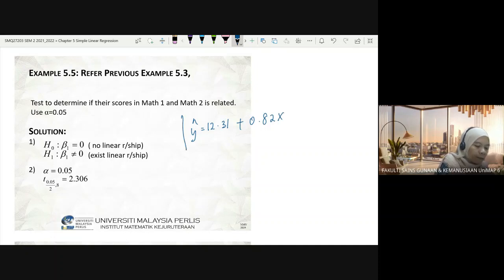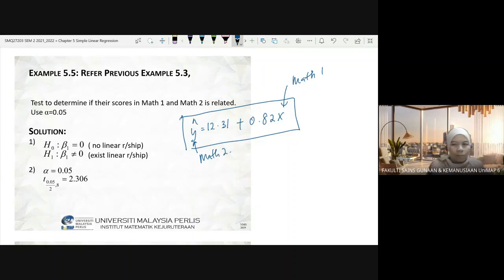So we have this model for our Math 1 and Math 2. This is your Math 2, Math 1, and this is your Math 2. Based on the findings, we know that this particular model has a linear relationship, quite strong.